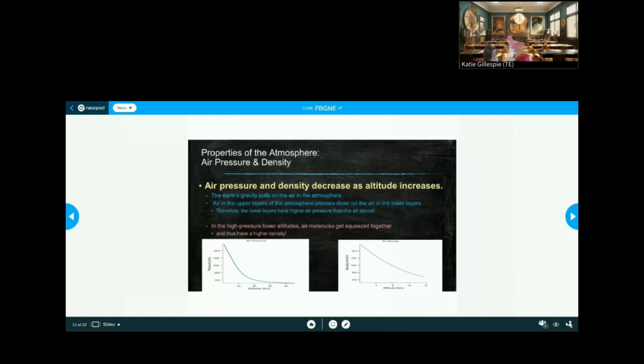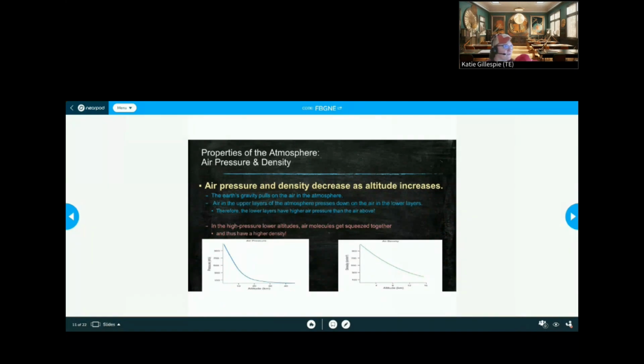Air pressure and density are easy concepts here. I am going to touch on this, but these are very intuitive. Earth's gravitational pull, its control over molecules, is going to be greater at its surface. That makes sense, right? So as we get further away, Earth's gravitational pull is less and less and less, and therefore that air pressure is less and less and less.